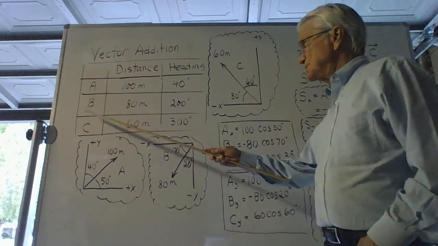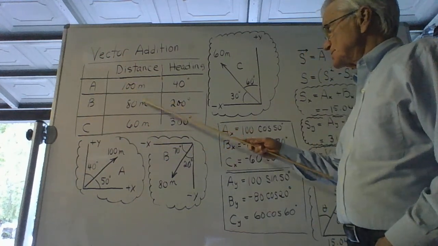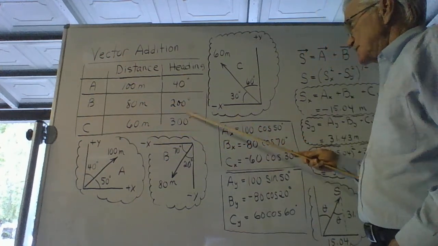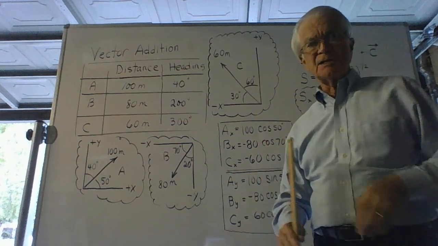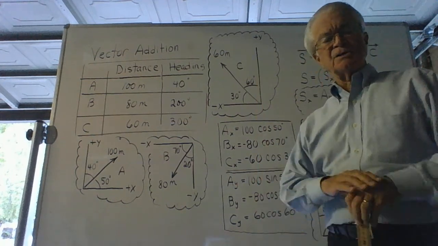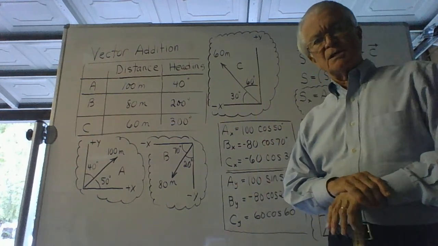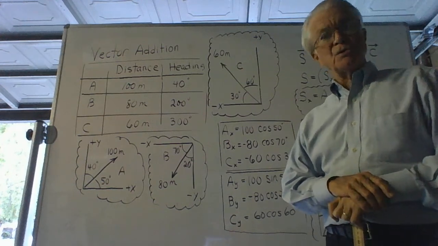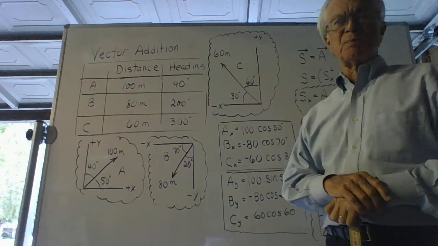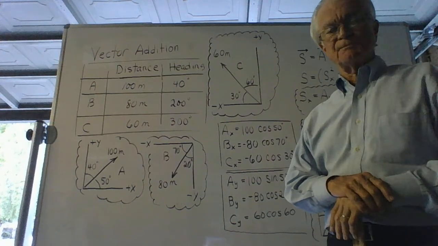Displacement A, B, and C, distances are given, and headings are given. Remember, headings are angular measures relative to the north direction, which we take to be the positive y-axis.